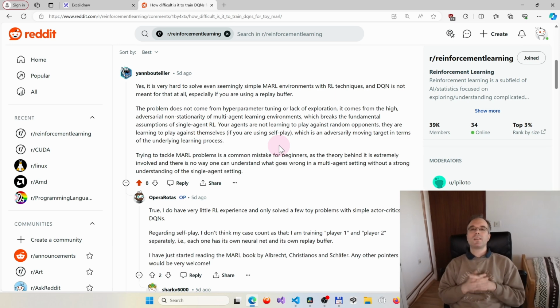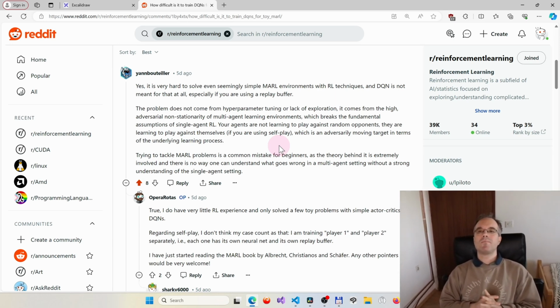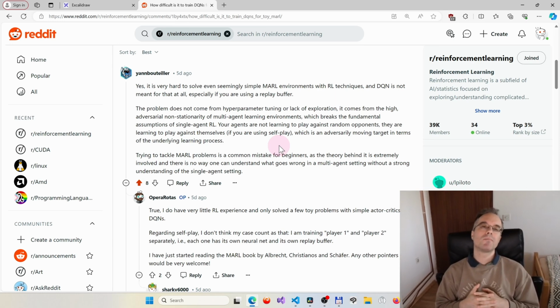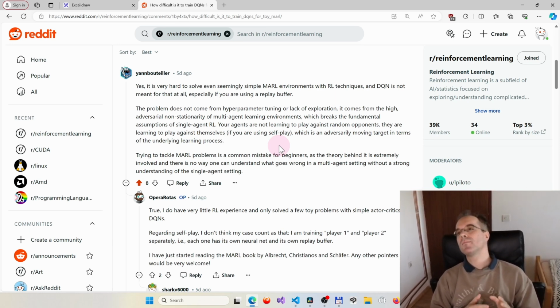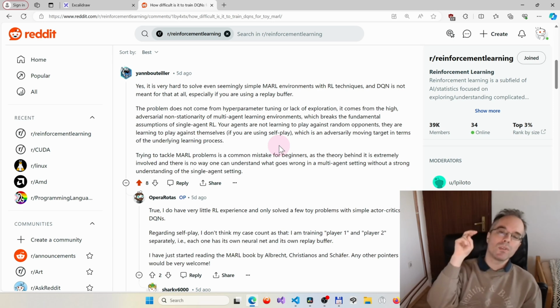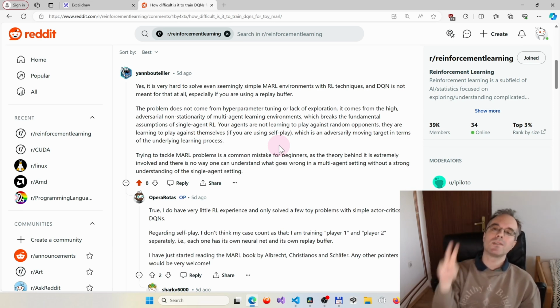If we use tabular methods in adversarial multi-agent settings, what you would find is that the policies oscillate widely. Imagine you are training on something like rock, paper, scissors. The way the training procedure would go is that the agent would learn to, for example, play scissors 100% of the time.